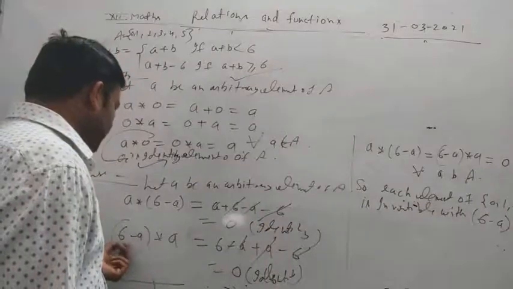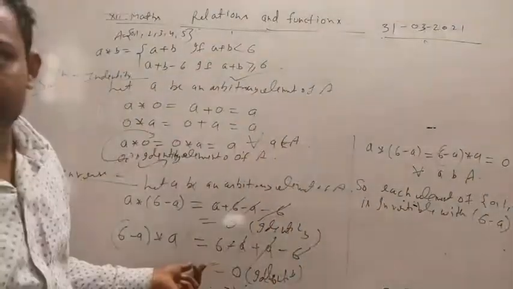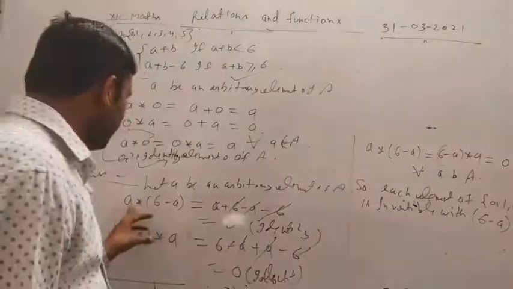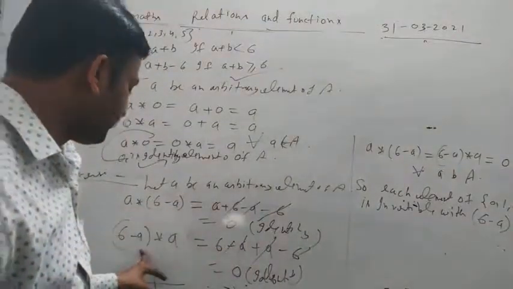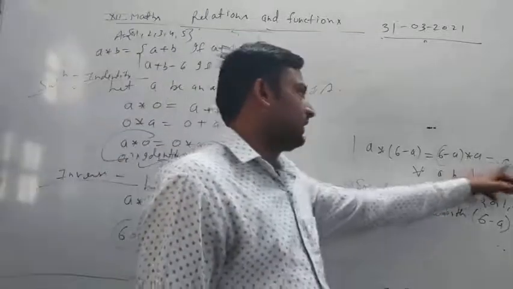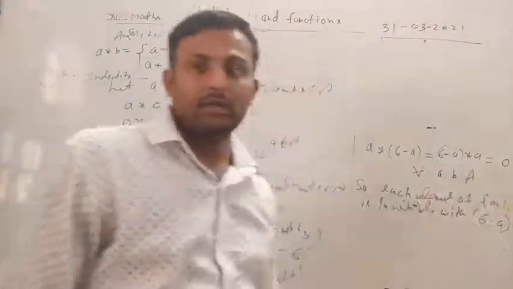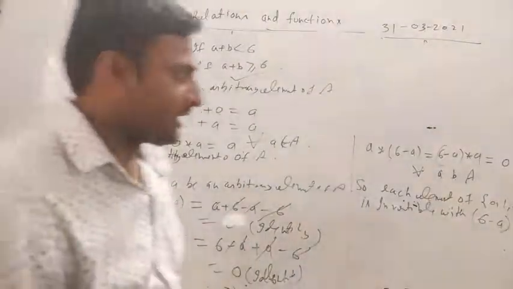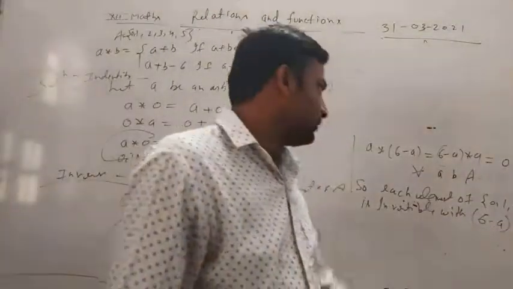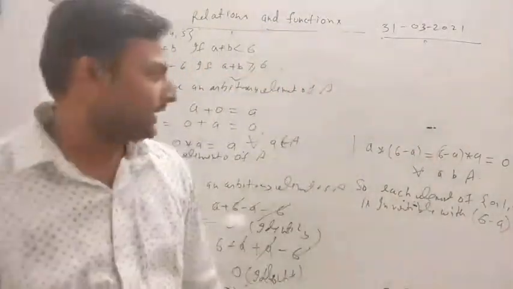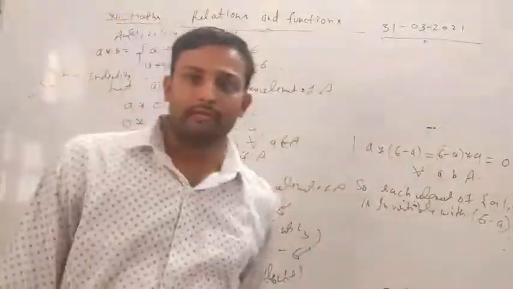Again we take (6 minus A) star A, and we get 0 again. So A star B equals B star A gives our identity. This proves that this is the inverse of any element of that set.